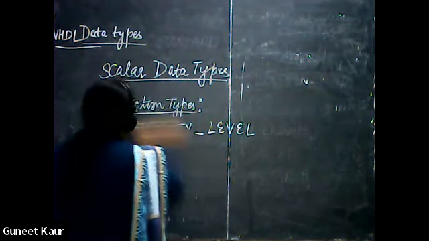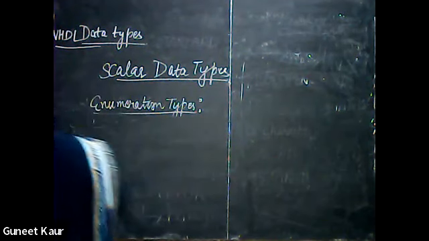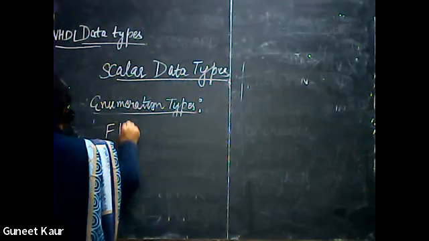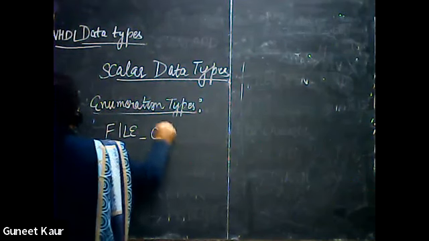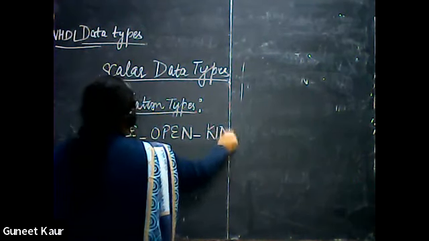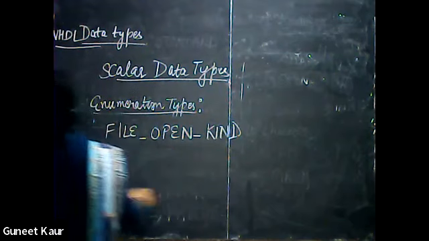Now come to the next predefined enumeration type, file_open_kind.